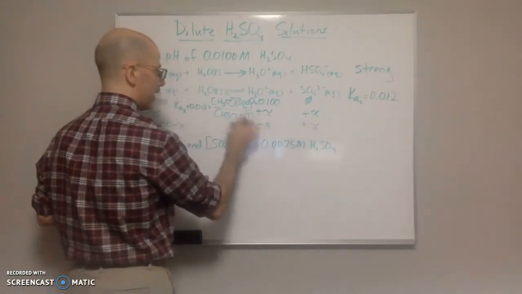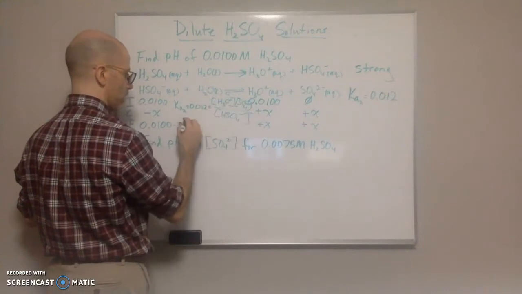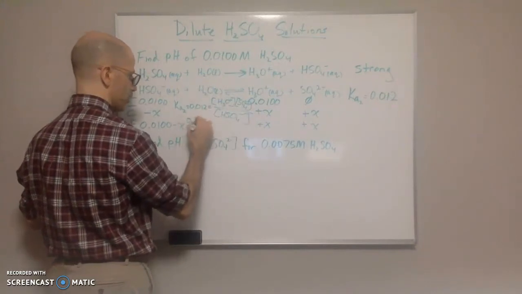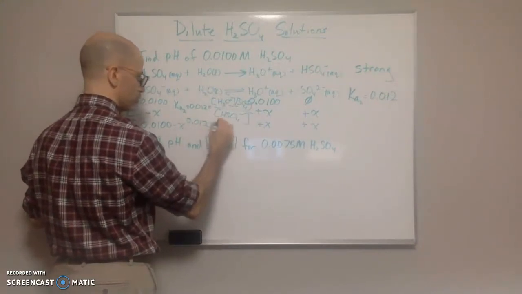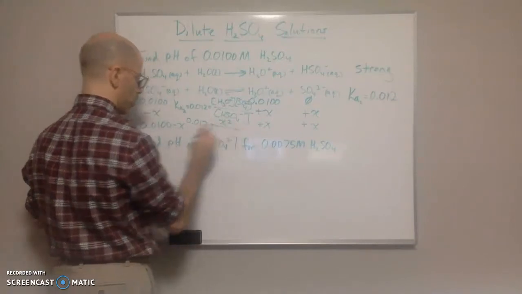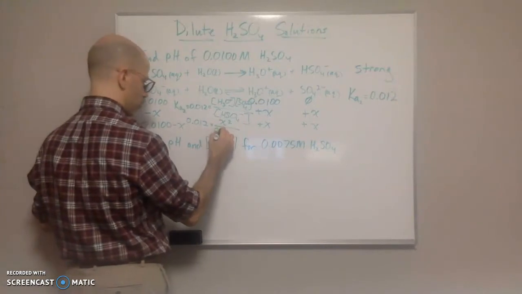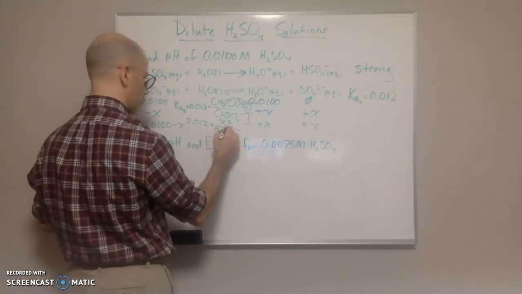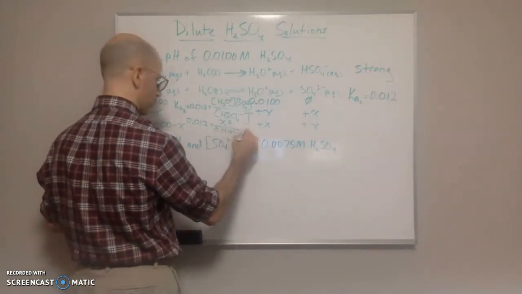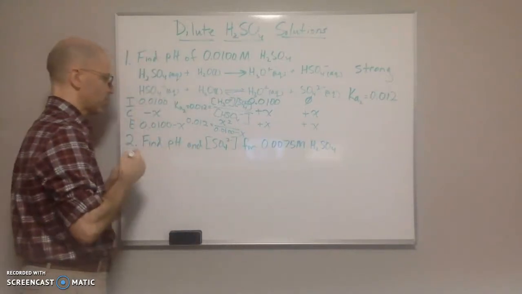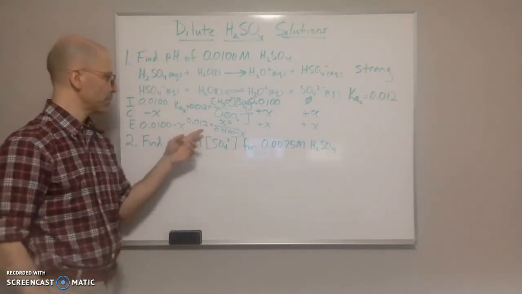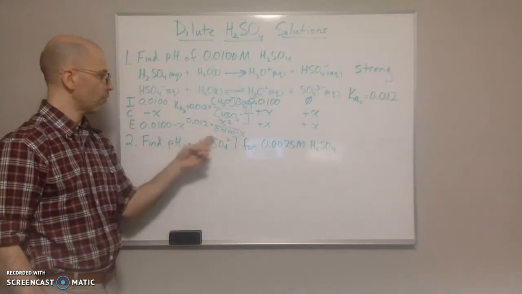So we're going to put in x's for these, so that'll be x squared. So 0.012 is equal to x squared over 0.0100 minus x. And now what we need to do is solve for x.